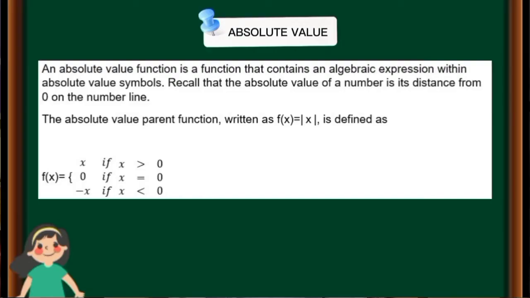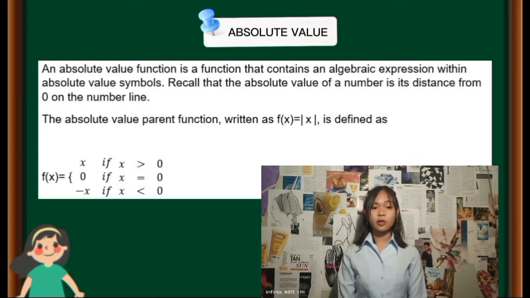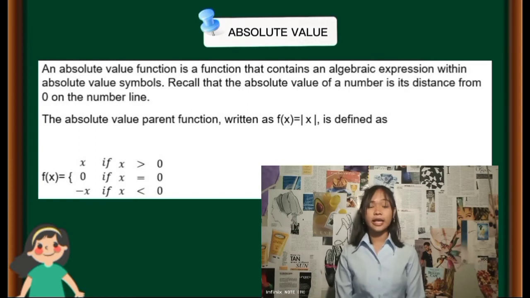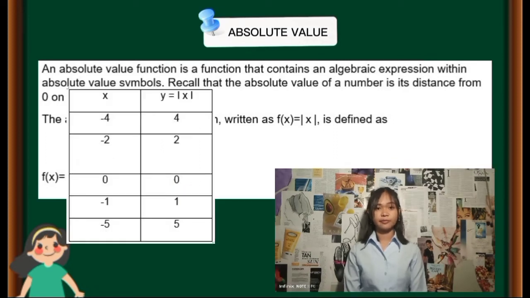The absolute value parent function, written as f of x equals to absolute value of x, is defined as f of x equals to x if x is greater than 0, 0 if x is equals to 0, and negative x if x is less than 0.